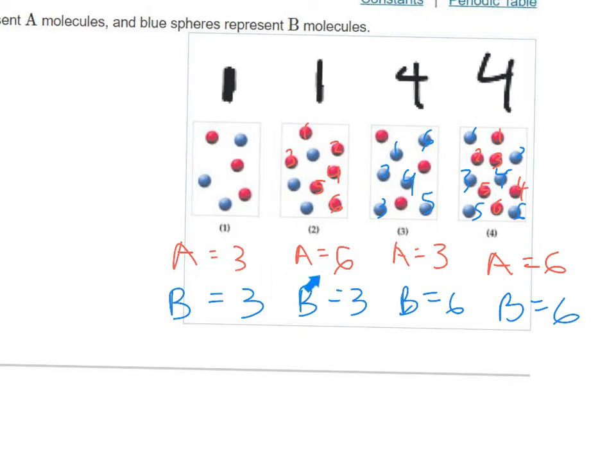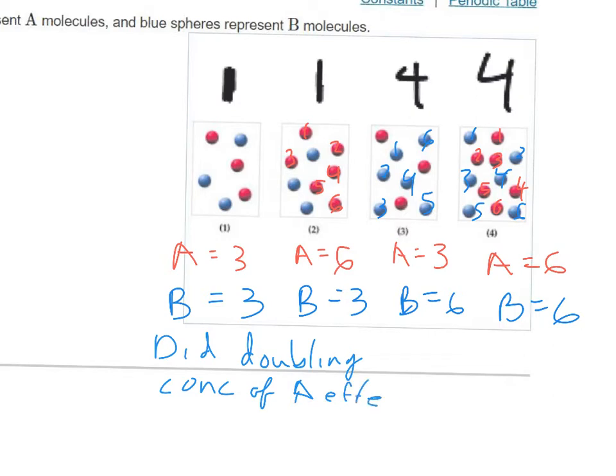Did doubling the concentration of A affect the rate? It didn't, right? The relative rates of experiment 1 and experiment 2 are both 1. So changing the concentration of A had no effect.